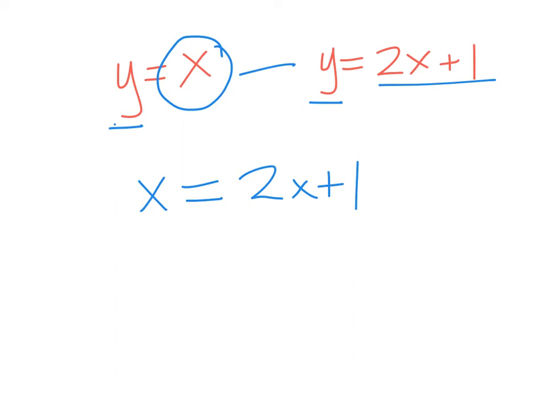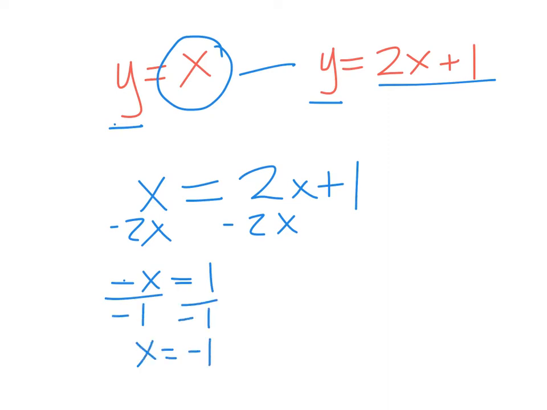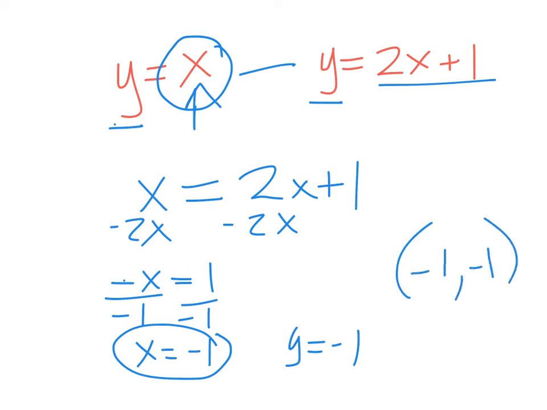Okay, so in order to solve for x, I get them both on the same side. So I'm going to say minus 2x. So I get minus x equals 1. Divide by negative 1. I get x equals negative 1. Okay, so once I have x equals negative 1, I just plug it in either equation, and that tells me y equals negative 1. So then my answer is negative 1, negative 1.